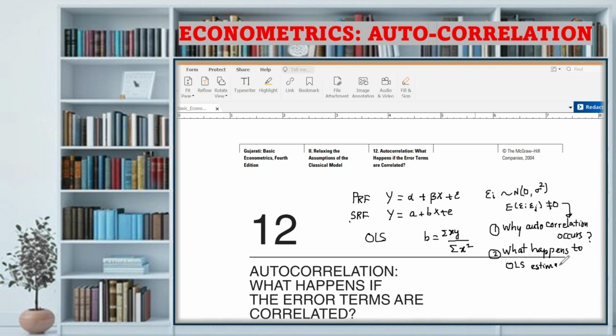So if a model has autocorrelation, what is the consequence? In another way, we're saying, what are the consequences? And the consequence may be nothing. If it is nothing, we are fine. We don't have to worry about it.